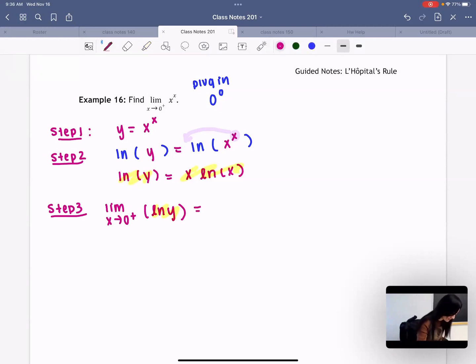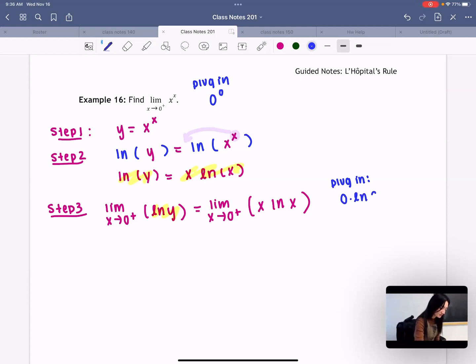So instead of writing natural log of y, I'm going to write x times the natural log of x. Okay. Are we good so far? Good. Once we're here, we can plug in and see if we have an indeterminate form. Okay. Plugging in, we have 0 for x, natural log of 0. What's the natural log of 0?